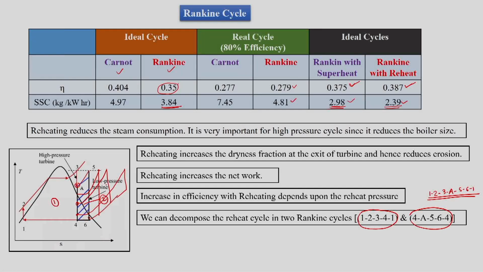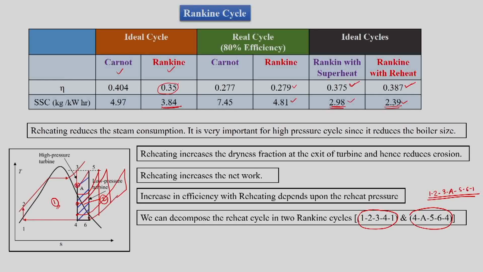So, the efficiency of cycle 2 has to be seen. If the efficiency of cycle 2 is higher than the efficiency of cycle 1, then the integration of 1 and 2 will always have higher efficiency. What is the problem?